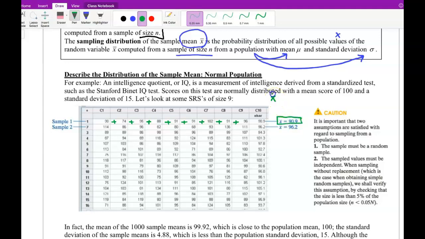So x bar is equal to the sum of C1 up to C9 divided by 9, which is 90.9. Same thing for each row.